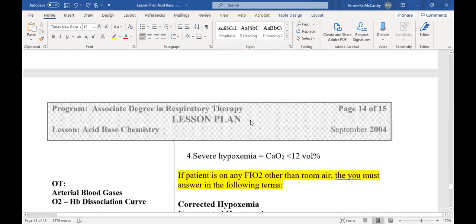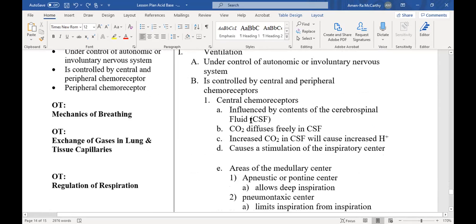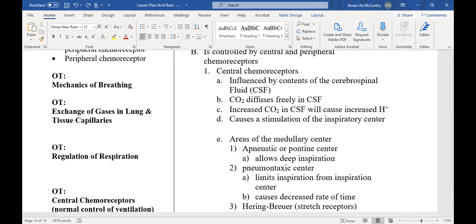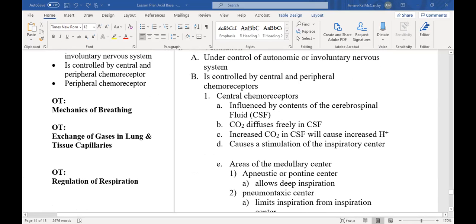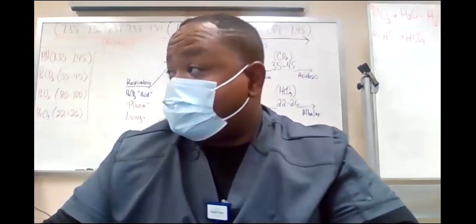And now we're going to start with some NBRC questions, NBRC type questions. All right. These are some sample NBRC questions that will come from the board exam in this section.